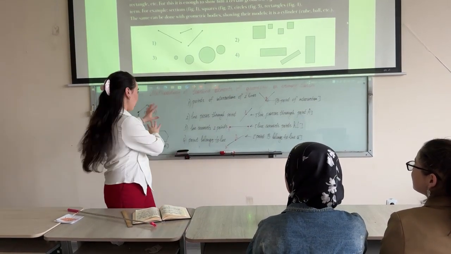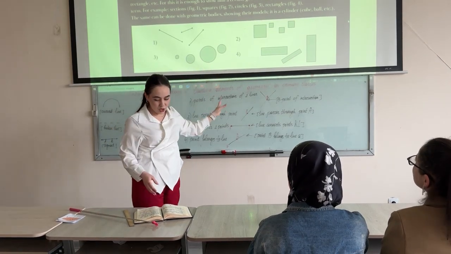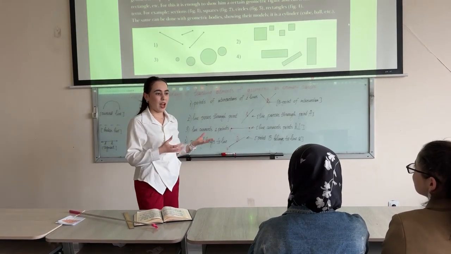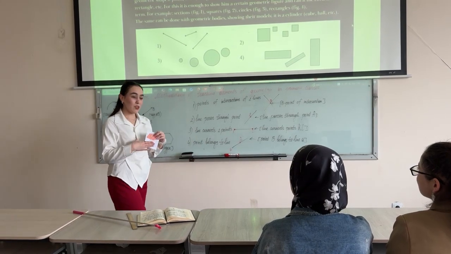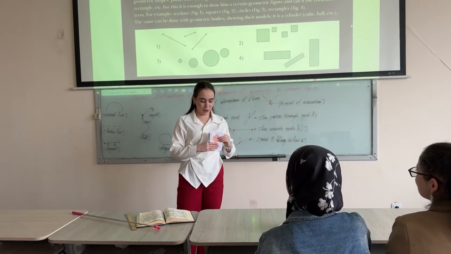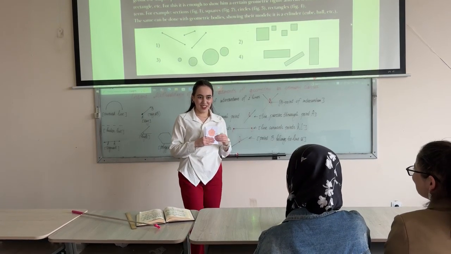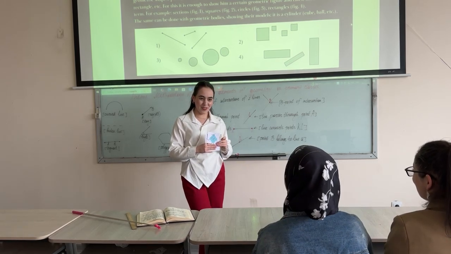You can draw them like this on your board or in a presentation, and after that you can ask them which figure they can see in this picture. So, can you tell me what this is? Okay, what about this? No, it's a pentagon. Okay, what about this?